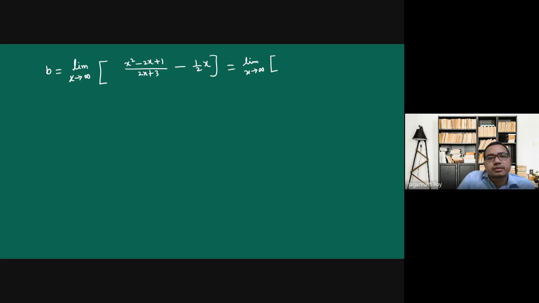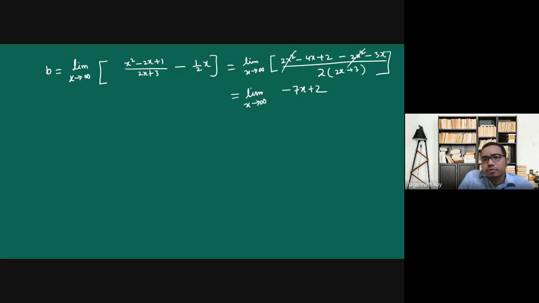That gives 2x square minus 4x plus 2 minus 2x square minus 3x, divided by 2 times 2x plus 3. So the x square terms get cancelled, and we have the limit as x goes to infinity of minus 7x plus 2 by 2 times 2x plus 3.